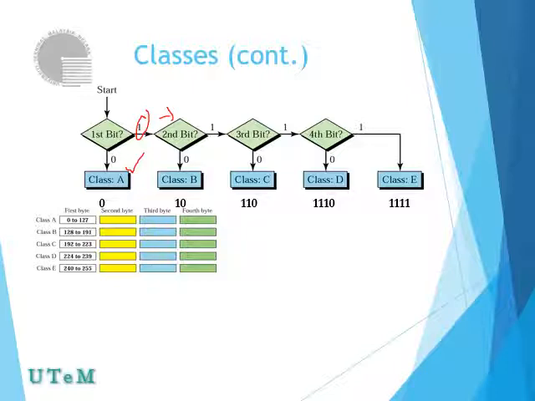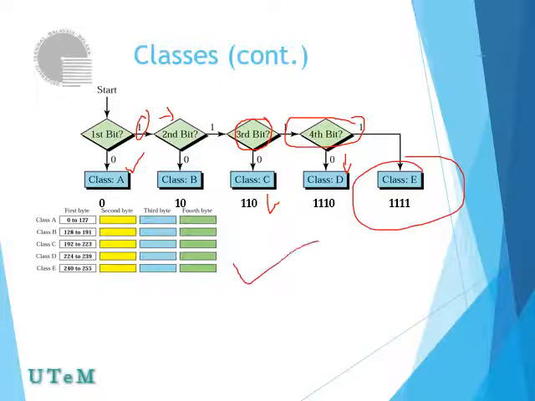If the second bit is 0, then B. If not, go to the third condition. If the third bit is 0, then class C. If not, go to the fourth. If the fourth bit is 0, then class D. If not, class E. That is the way we determine the class of the address.